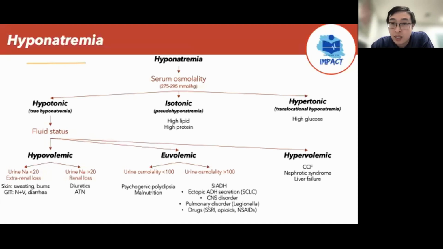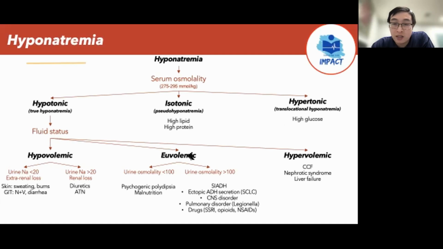And as you know, ADH travels to the collecting tubules, binds to V2 receptors on the basolateral surface of the collecting duct, and then causes aquaporin 2 insertion on the luminal surface, drawing water back up. So it causes water reabsorption, but not salt reabsorption. And so that dilutes everything out, and you end up with hyponatremia.